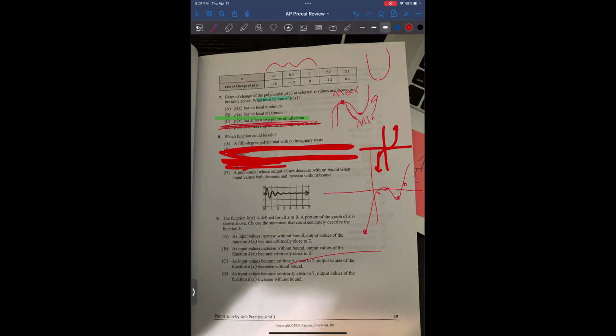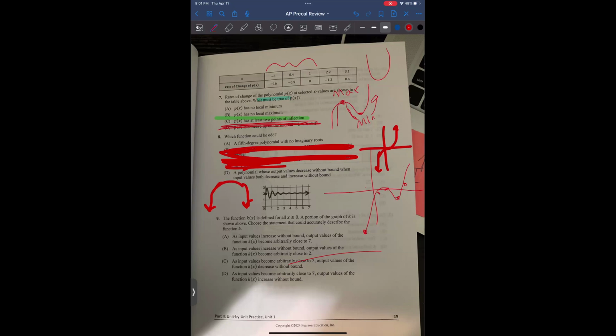Okay, so let's see. A polynomial whose output values decrease without bound when input values both decrease and increase. So as Vale was saying, what D is basically saying is that I have a polynomial whose Y values are decreasing no matter whether my X values are increasing or decreasing, right? Because remember that output is your Y and input is your X values.